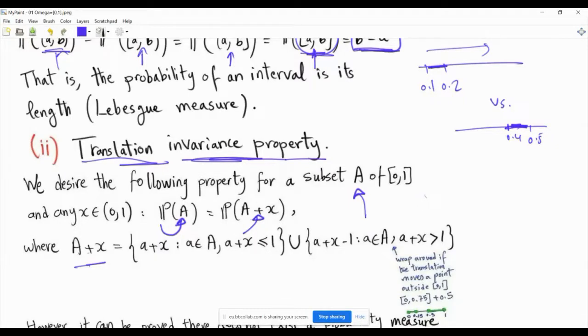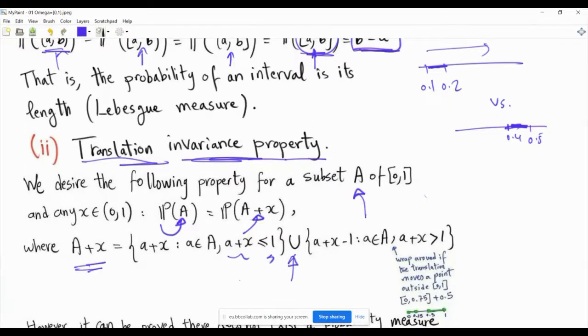So you do a translation. You shift the set A by X. There is a point here, which is that what if when you shift your set A, some points get outside the closed interval from 0 to 1? In that case, what you do is that you fold those points back to the interval 0 to 1. So A plus X is defined as the union.